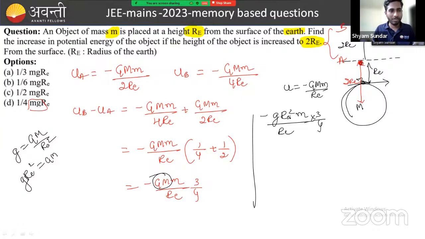Once RE cancels, it will be minus g R m 3 by 4. There is no such option. I will check where I made the mistake.